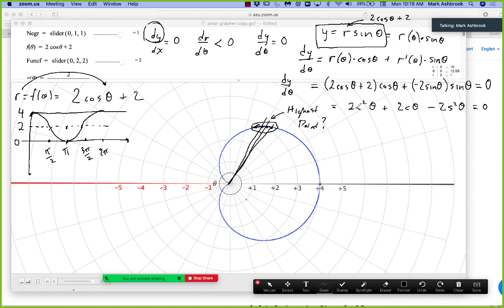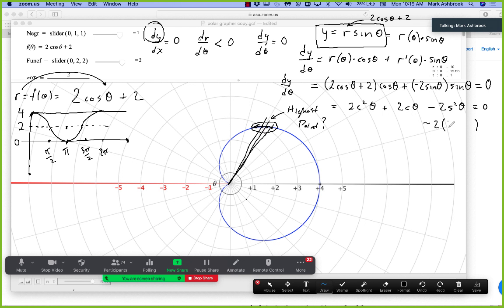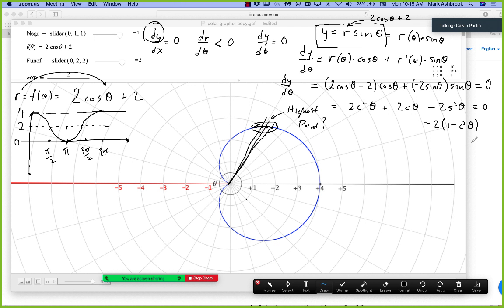So we have to get it written all in cosine or all in sine. Since we have cosine here, let's change this to cosine. We can use the Pythagorean identity. What is sine squared equal to? 1 minus cosine squared. So I'm going to plug that in, and now I've got everything in terms of cosine.